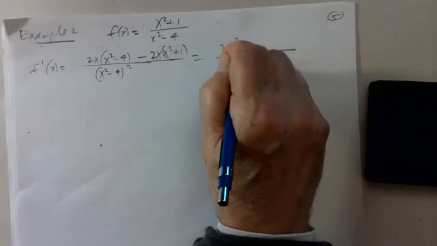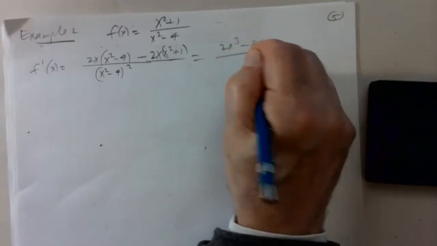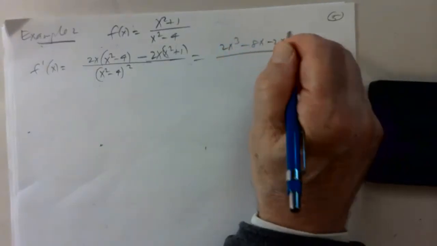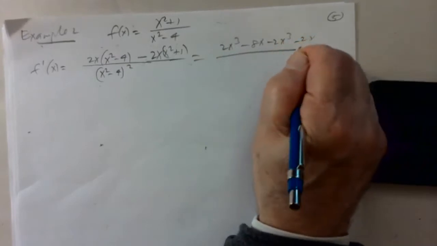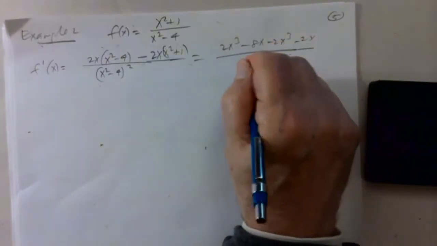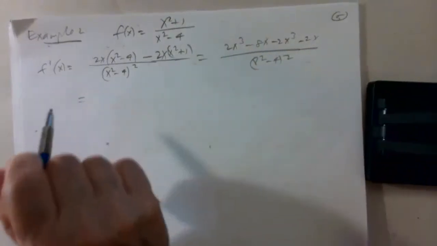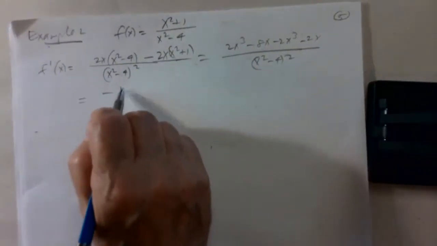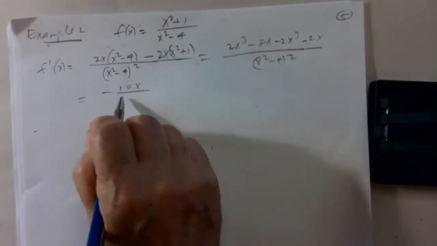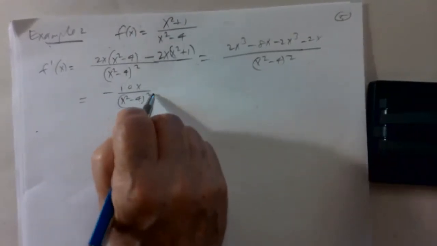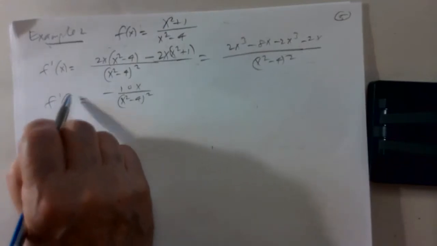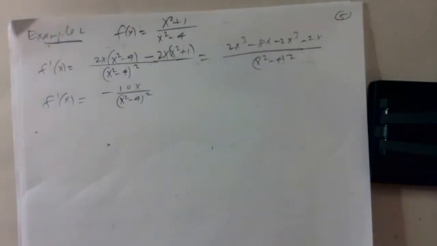So this is 2x cubed minus 8x minus 2x cubed minus 2x over x squared minus 4 squared, which equals minus 10x over x squared minus 4 squared. That's the first derivative.